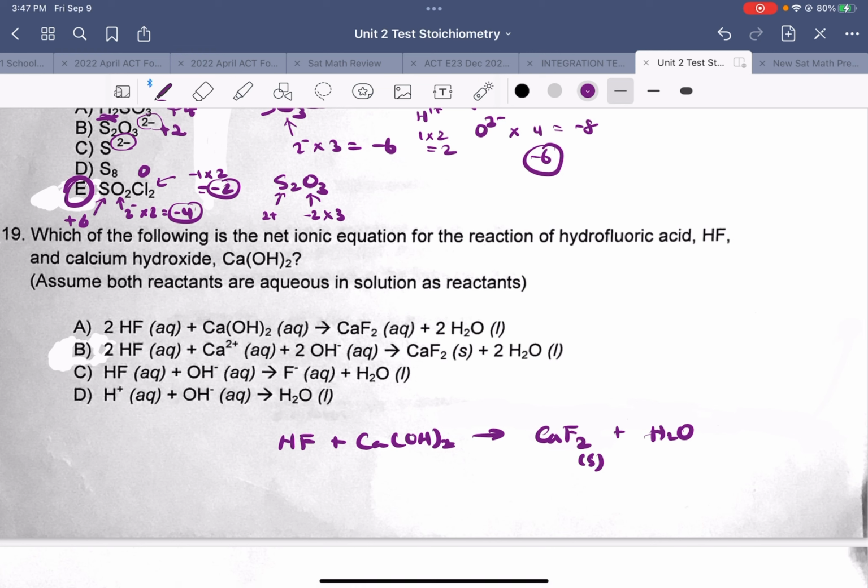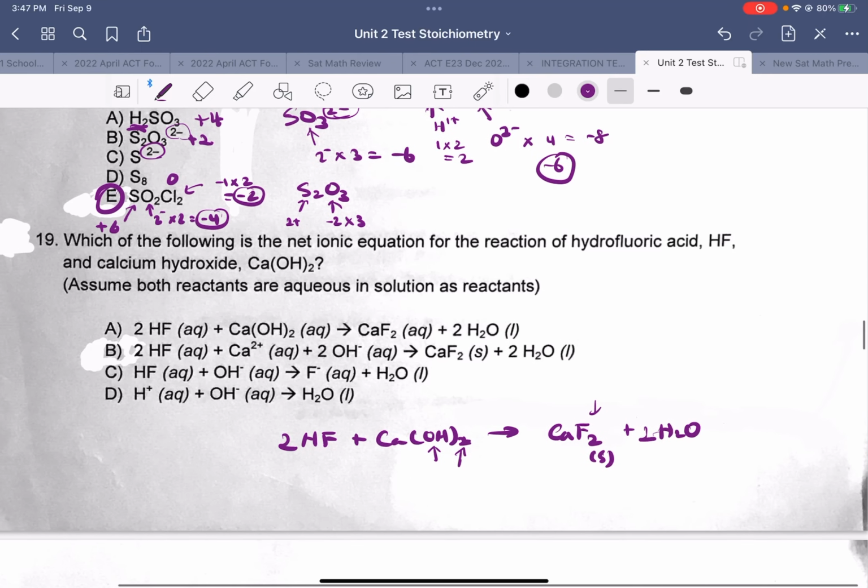Now, in order to match the coefficient, let's see, Ca, okay, so F2 minus, so you're gonna need 2, right? And then O, you're gonna have a 2 OH here because of this, right? So then you're gonna need 2. So that's a total. H is a 4. Yeah, that makes sense, right? It's all correct now. So then, which one is right?